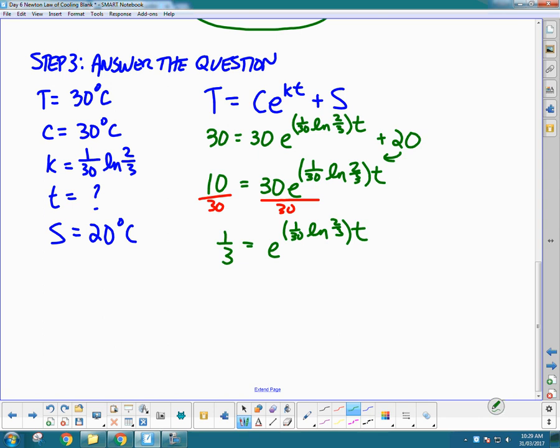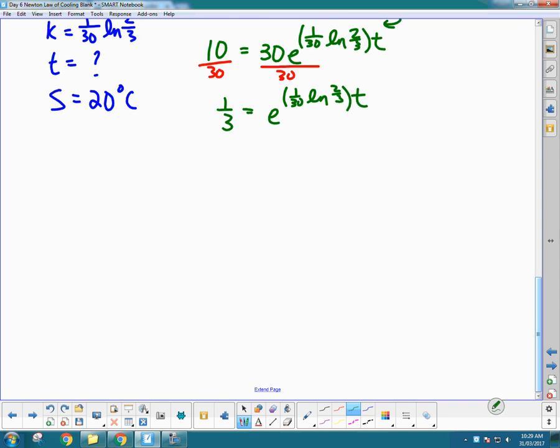Again, I need access to that exponent so I can take the logarithm. Not any old logarithm, but the natural logarithm ln. So I'll take the ln of 1/3 and the ln of e to the 1/30th ln 2/3 t. Again, you might have brought down that exponent in that line. Totally get it.